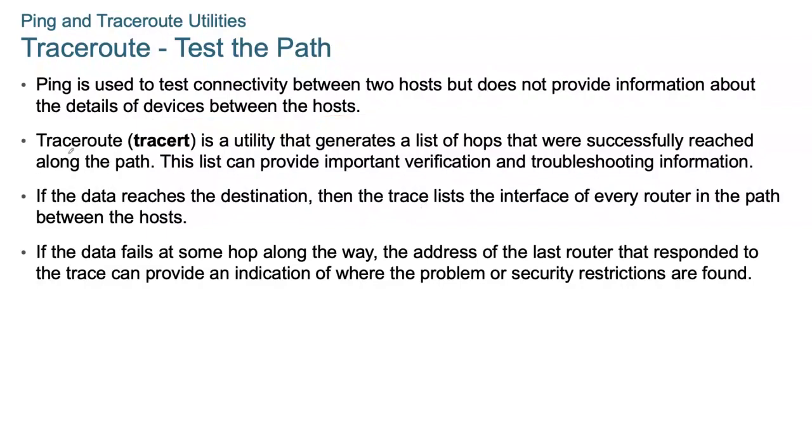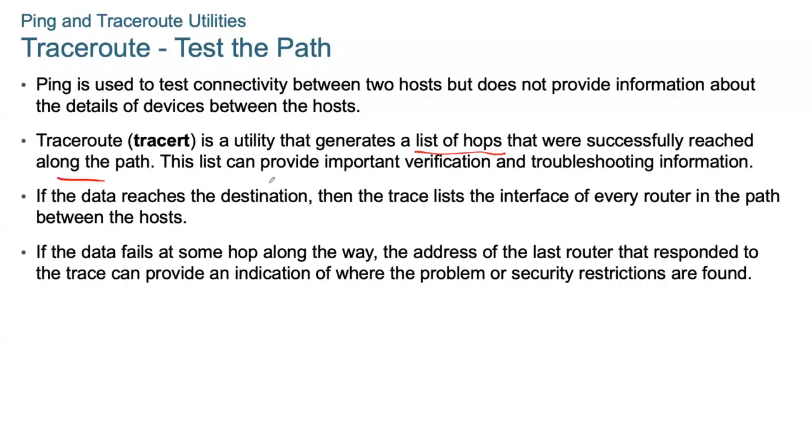Whereas your traceroute, or you can use the command tracert also, is a utility used to generate the list of hops. List of hops means how many devices exist between your source and the destination that were successfully reached along that path.